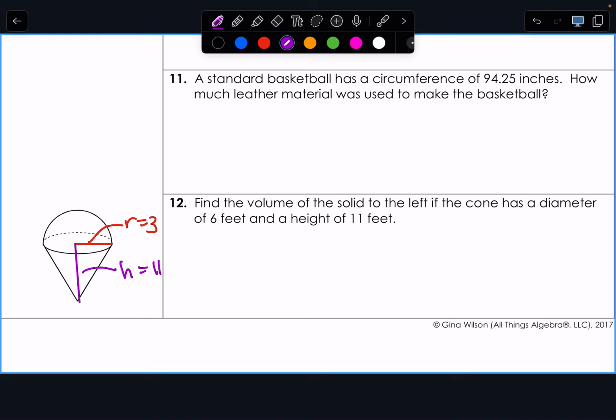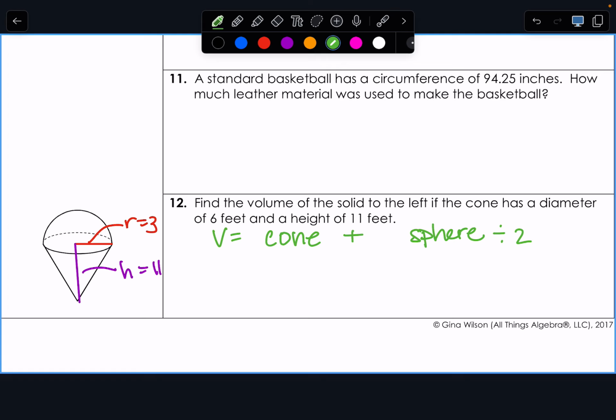Okay, it's a cone and half of a sphere. So in order to find the total volume, we are going to have to find the volume of our cone, plus we have half of a sphere. So basically, we're going to have to find our sphere and divide it by 2, right?